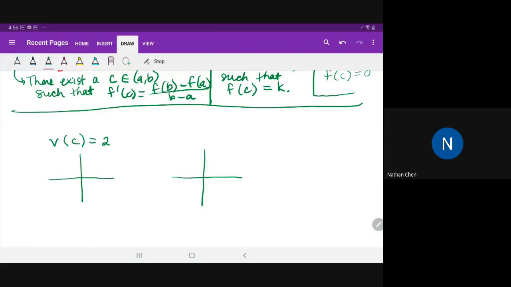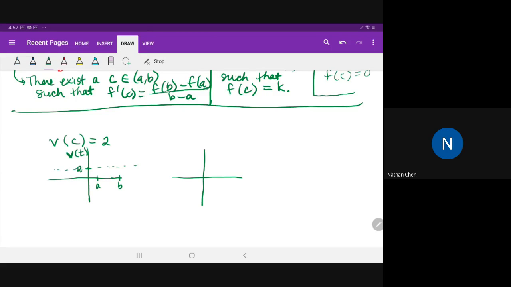If you're looking at a graph of V, we'll call it V of T, and they want you to prove, or ask how many times it crosses, here's your A and your B. You want it to be able to hit 2.